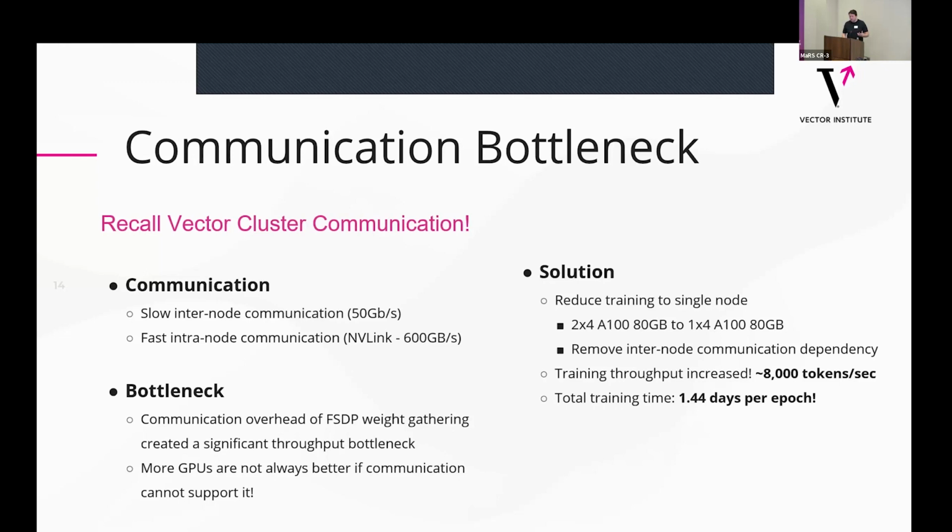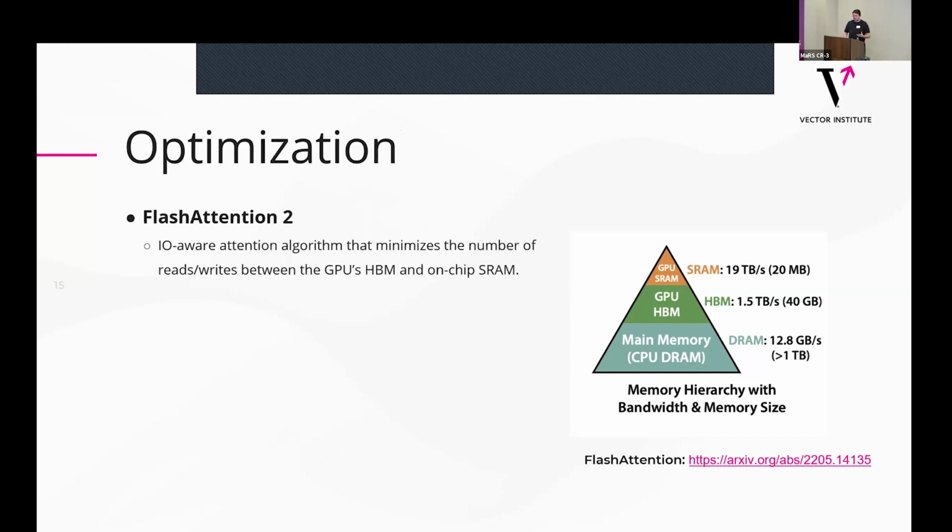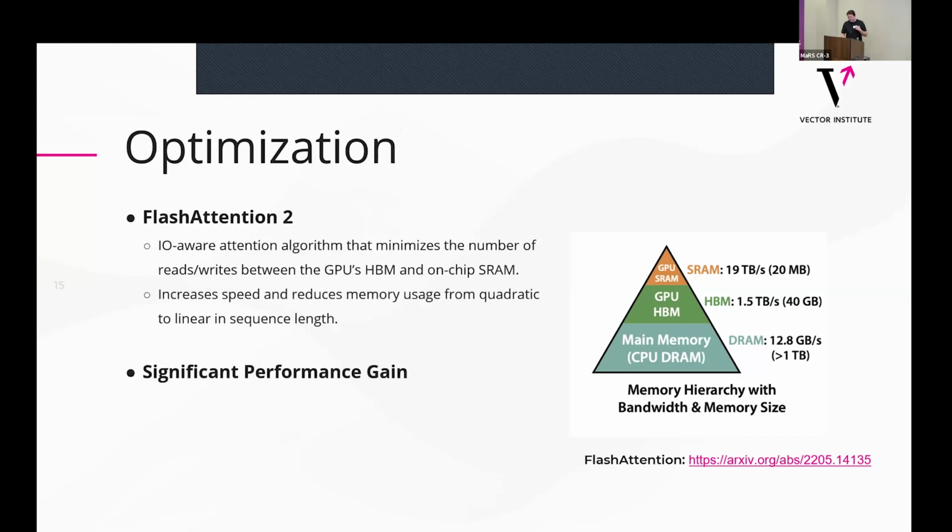There are other optimizations that we could implement. This one is probably well known to many in the room, and maybe the next place to look: flash attention. Again, I won't get into the specifics of the algorithm, but it's an IO-aware algorithm for attention computation, and again, we saw a pretty significant performance gain implementing this.